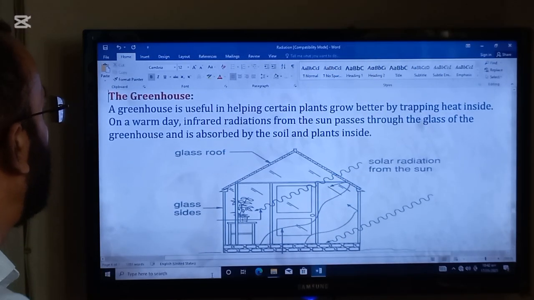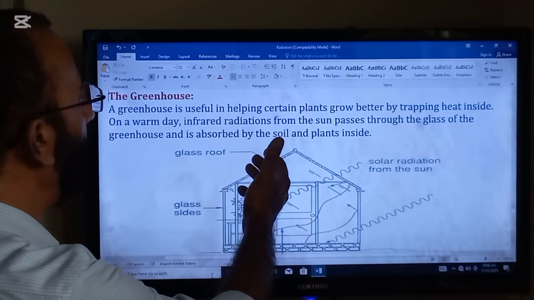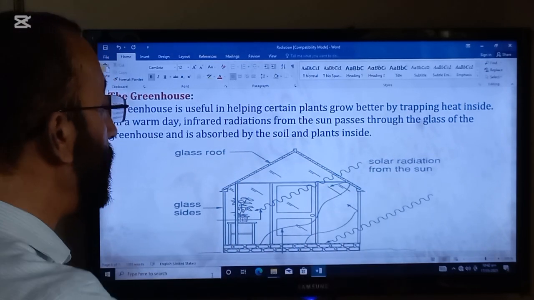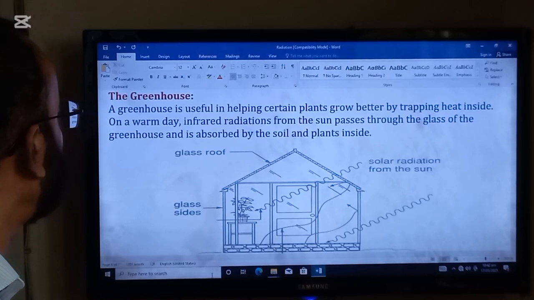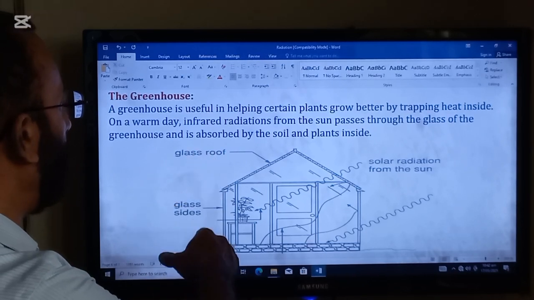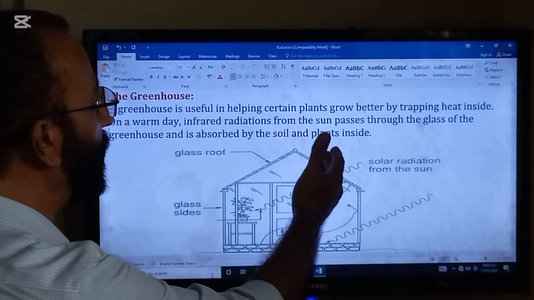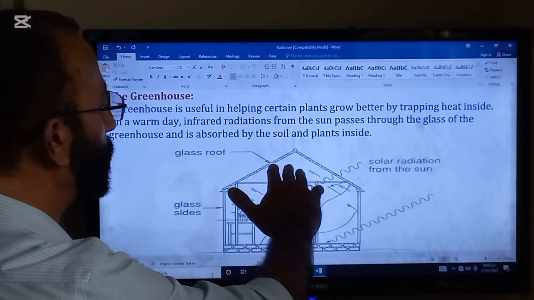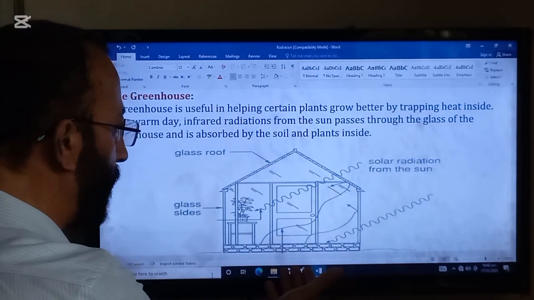Greenhouse. A greenhouse is useful in helping certain plants grow better by trapping heat inside. On a warm day, infrared radiation from the sun passes through the glass of the greenhouse and is absorbed by the soil and plants inside.